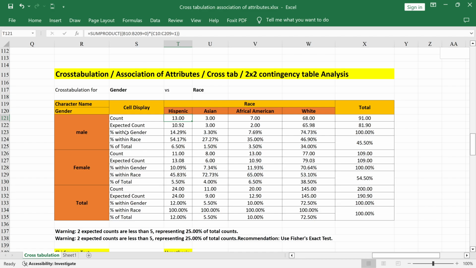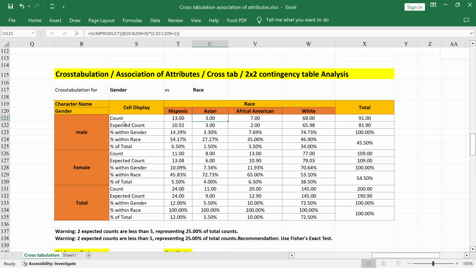Okay, so in cell display, what exactly you will get here is the count. For example, in race Hispanic, how many males are there? You will get 13 males. For Asian, how many males? You will get 3. Likewise, you will get values and the whole male total for the race. For example, you have 200 observations. Among the 200 observations, how many males and how many females are there?